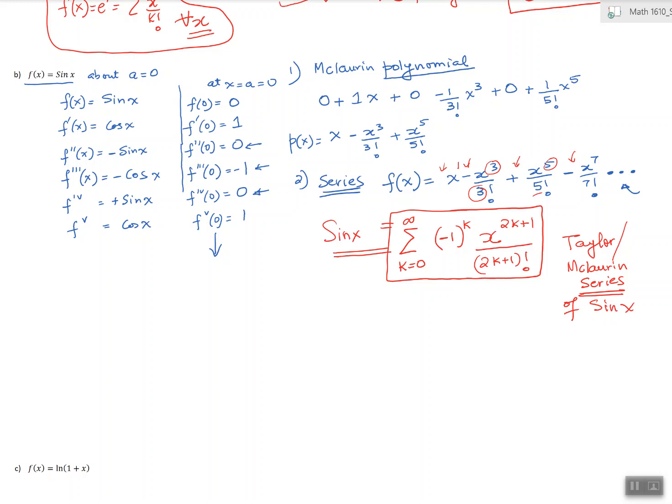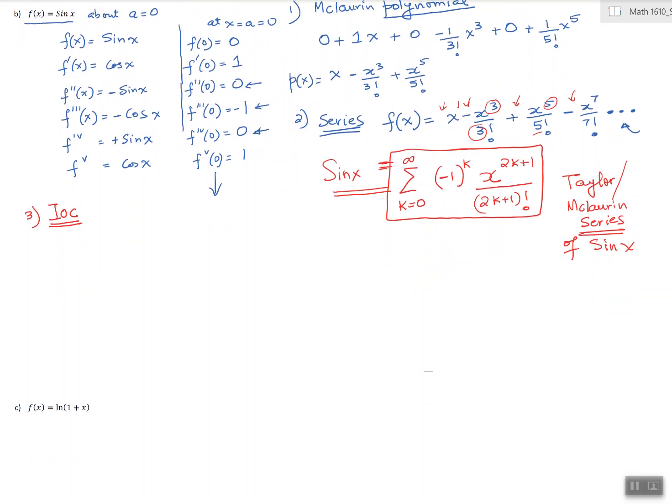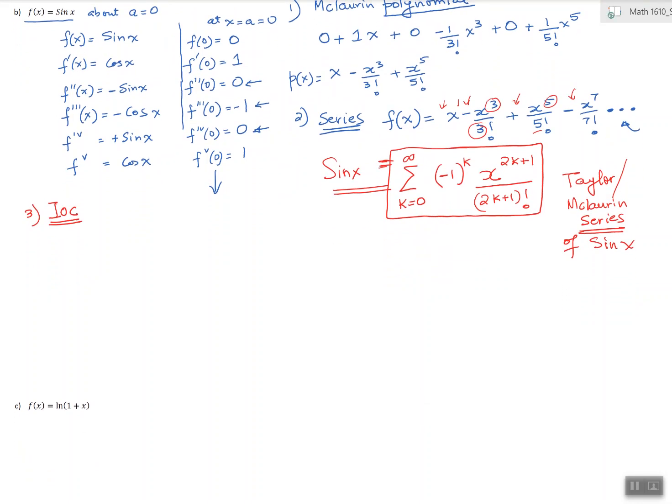Now for what values of x does this work? That is supposed to be our third step, that we are supposed to find the interval of convergence, so that we know for what values of x this convergence, this equality holds. Again, as I've said before, we are not really involved in that in this particular course, but you could always do the ratio test and find it.